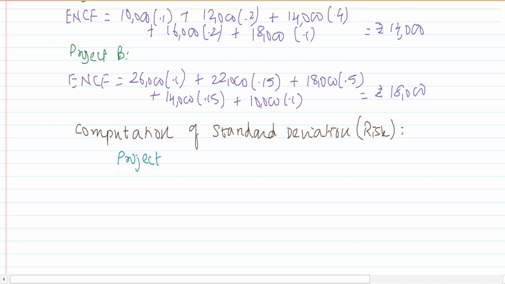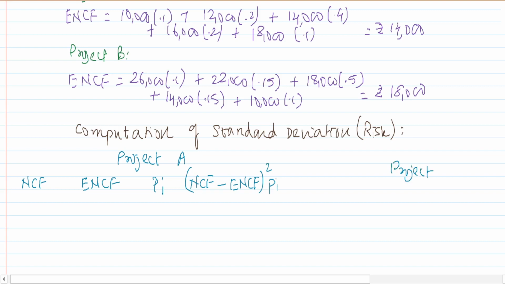We have project A: net cash flow, expected net cash flow, probability, net cash flow minus expected net cash flow whole square into the probability.